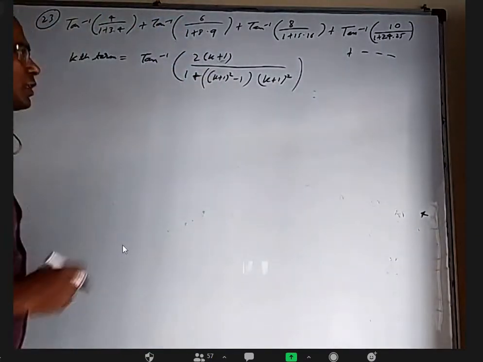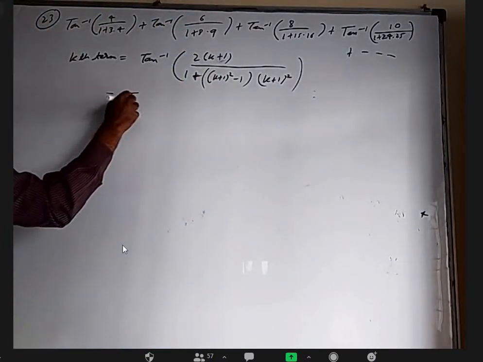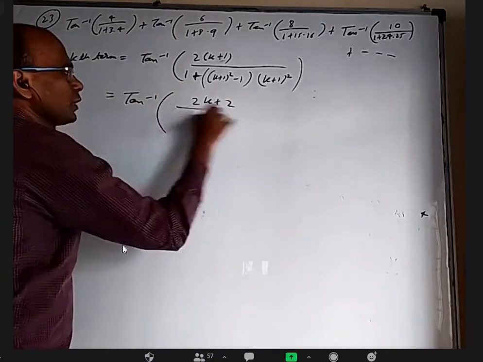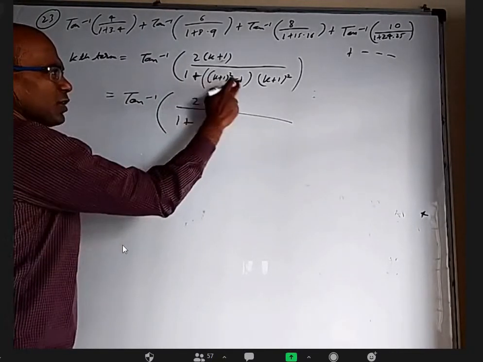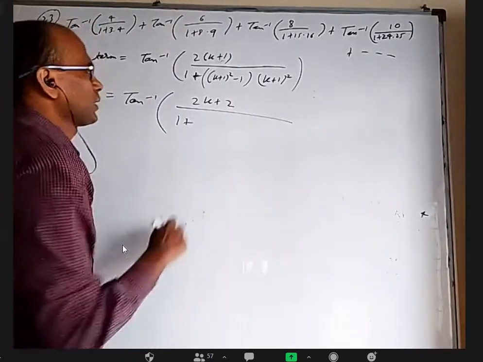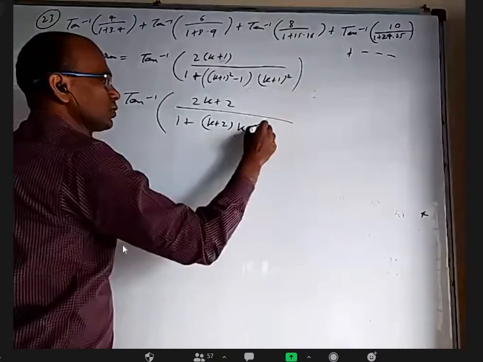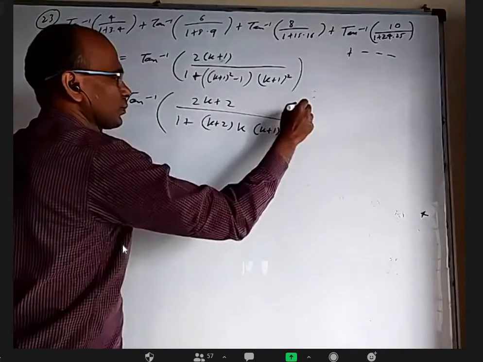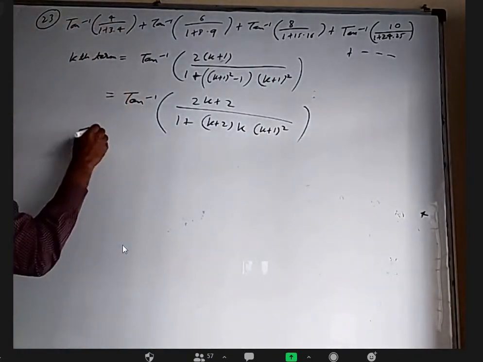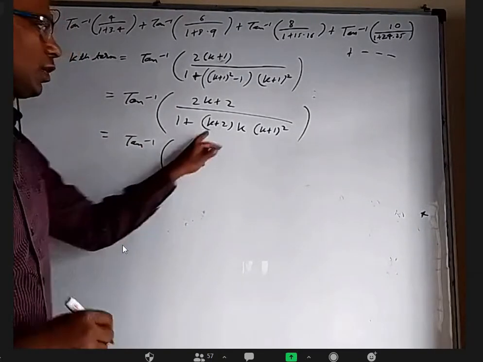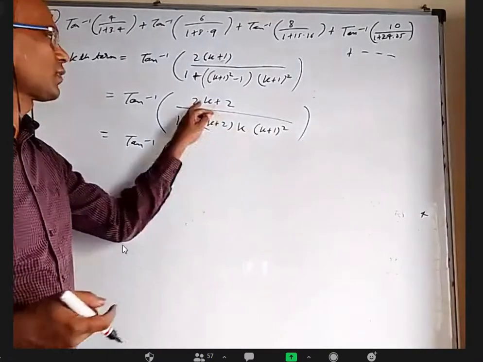Okay, now coming to this, tan inverse of 2k plus 2 by 1 plus, this is a square minus b square. I can write a plus b into a minus b. That is k plus 2 into k, into k plus 1 whole square. How should I write this? A product of two things whose difference is 2k plus 2.